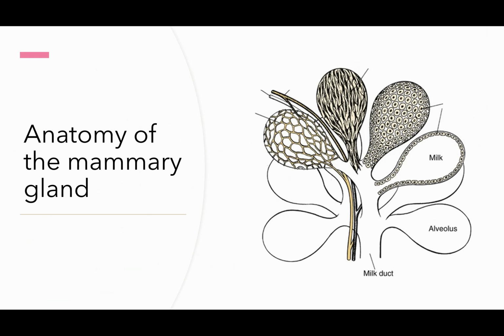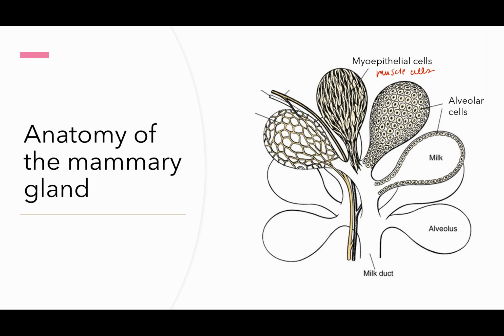If we want to look more closely at the gland, we are looking here at the lobules. Surrounding the outer layers of the lobules are the alveolar cells. Around those are myoepithelial cells. So these are just muscle cells.